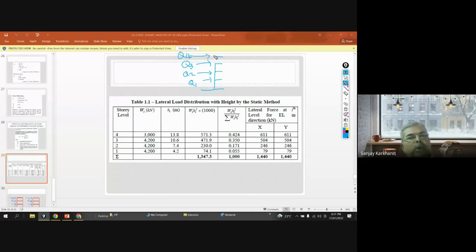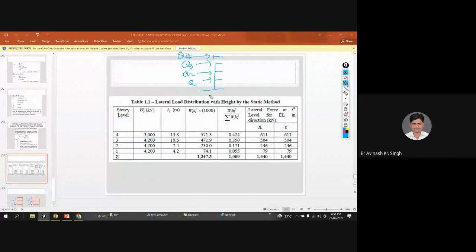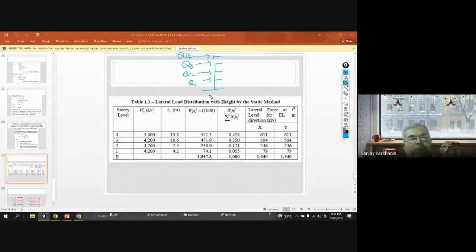So now you can do it for any building, for any floor. The only thing is that you have to find out VB, AH, WI, T, and SA by Z. And based on that, you can use these formulas and find this.